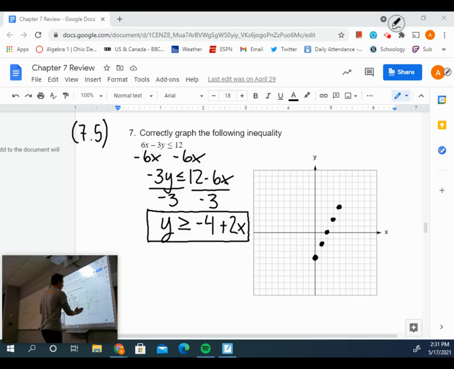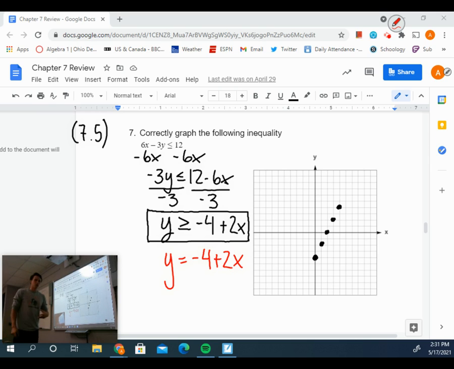I don't know if the points on this line will make the inequality true. What I'm doing right now is graphing the line y equals -4 plus 2x because it'll be the boundary for my region of all the solutions.